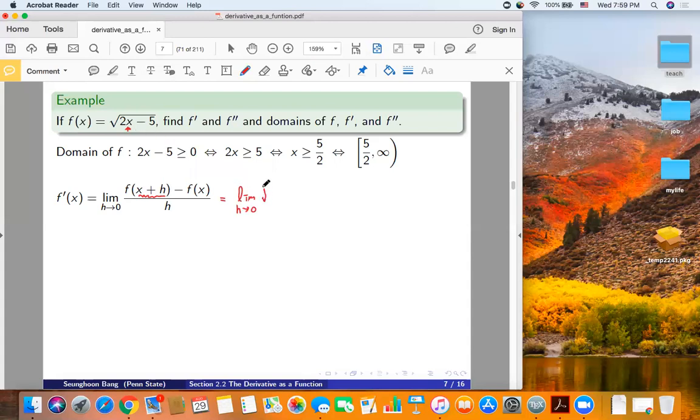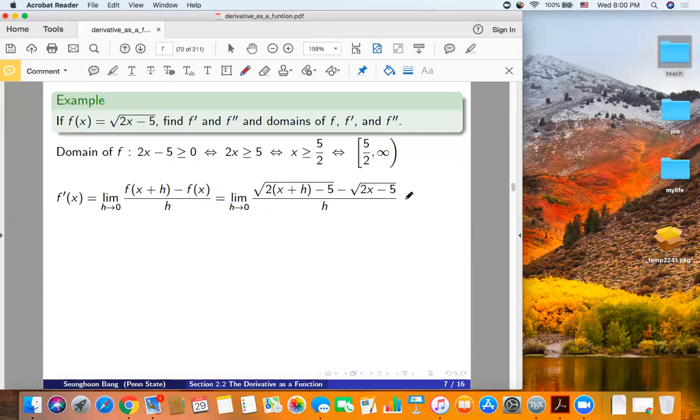So we have the square root of 2 times x plus h minus 5. The f of x is this whole thing, minus the square root of 2x minus 5, over h, like this, right?